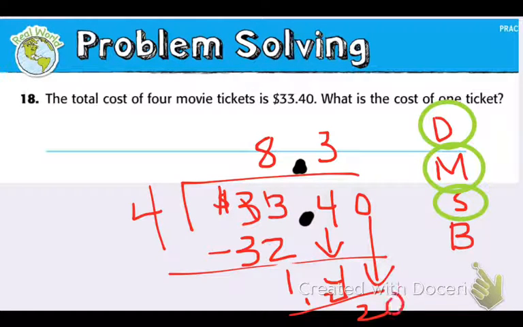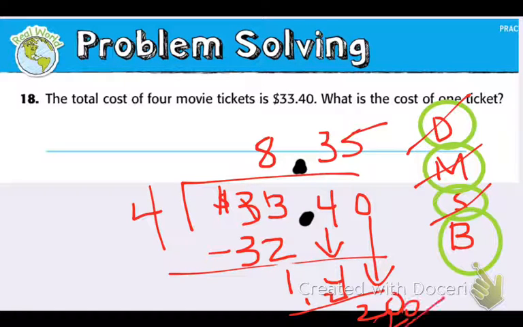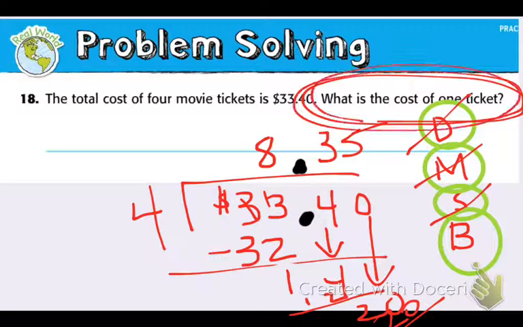How many times will 4 divide into 20? Okay, well, 20 is left over. I know 4 will divide into 20 5 times. 4 times 5 is 20. I can subtract. There's nothing left. So each one of those tickets costs $8.35.